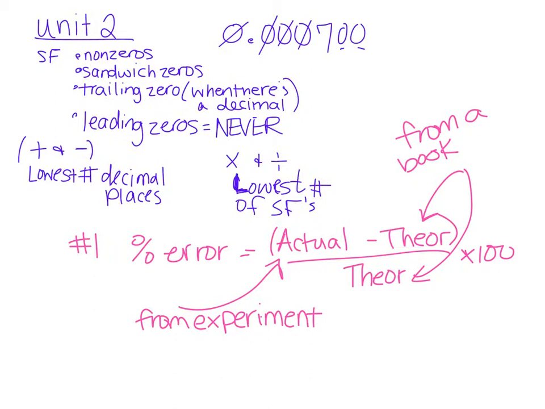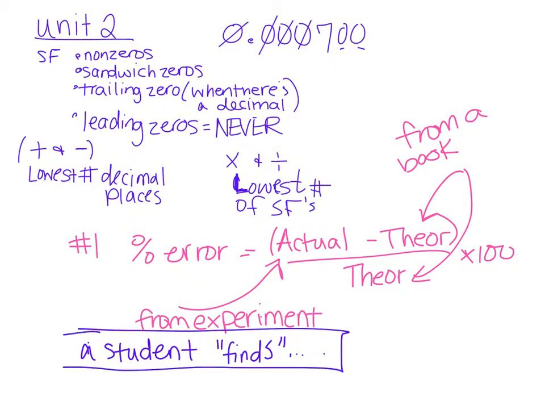So on number 1 in your review, I want you to change that to, just so you don't confuse yourself, and I'll make sure it's like this on the test, a student finds. So change your little question to that.